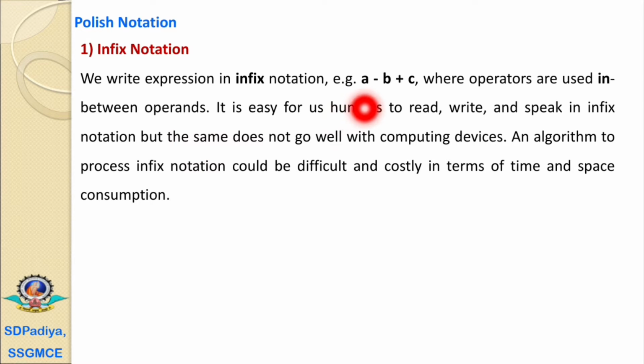Here a, b and c are the three operands, and minus for subtraction and plus for addition are the two operators. If operators are fixed in between the operands, we call it infix.